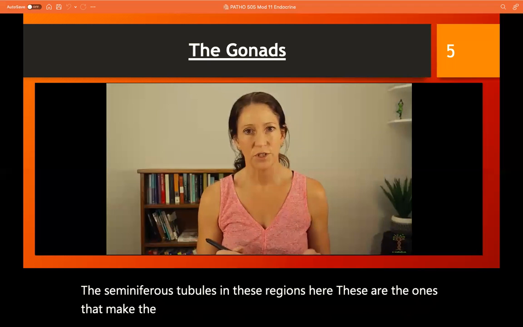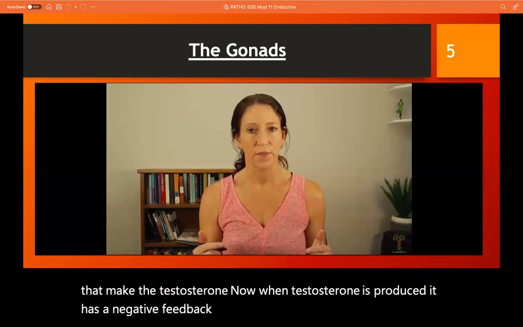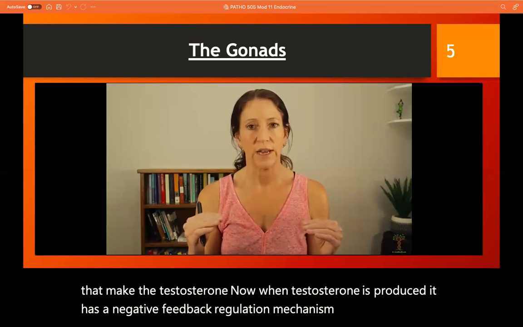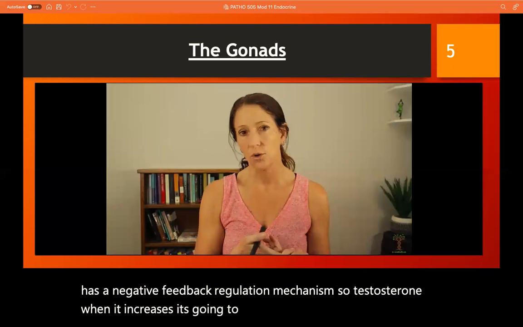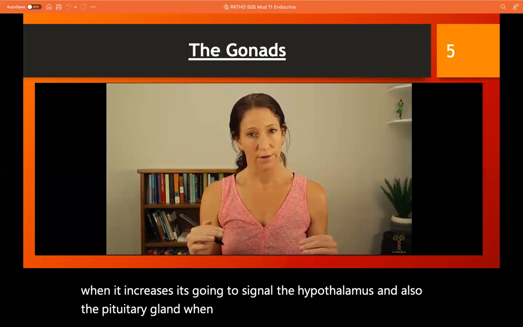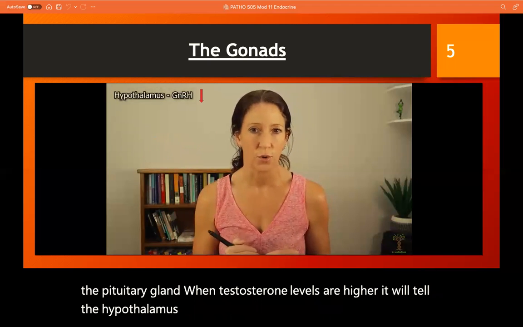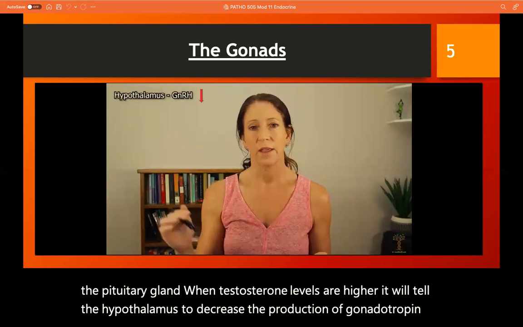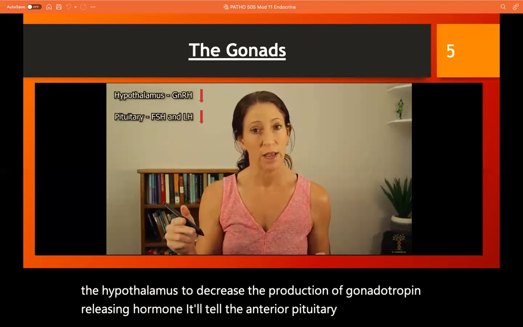Now, when testosterone is produced, it has a negative feedback regulation mechanism. When testosterone increases, it's going to signal the hypothalamus and also the pituitary gland. When testosterone levels are higher, it will tell the hypothalamus to decrease the production of gonadotropin releasing hormone. It'll tell the anterior pituitary to decrease FSH and LH.